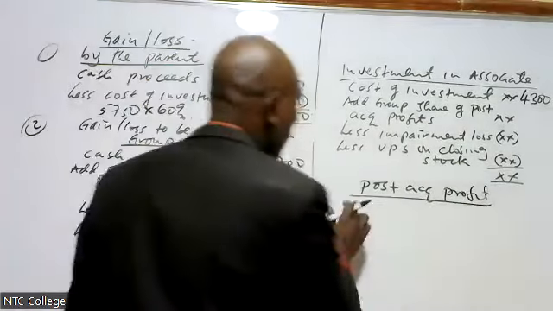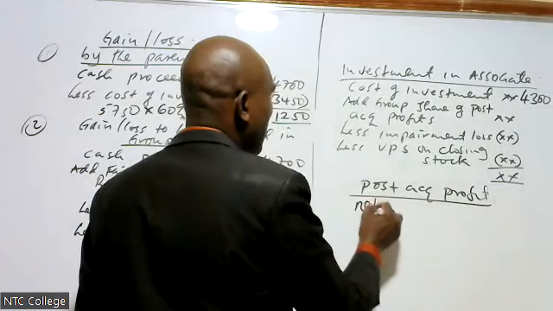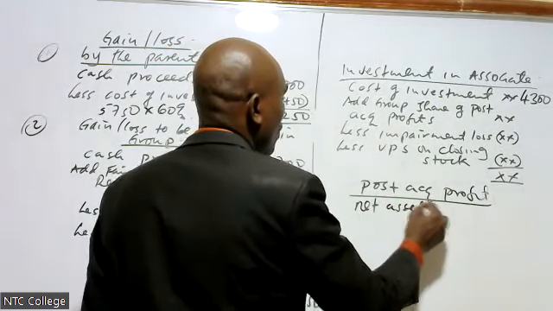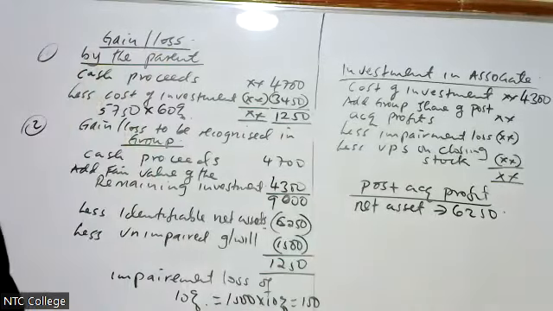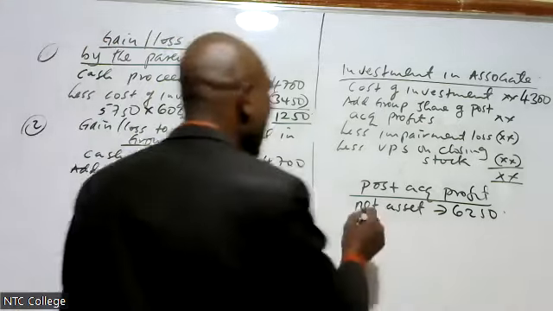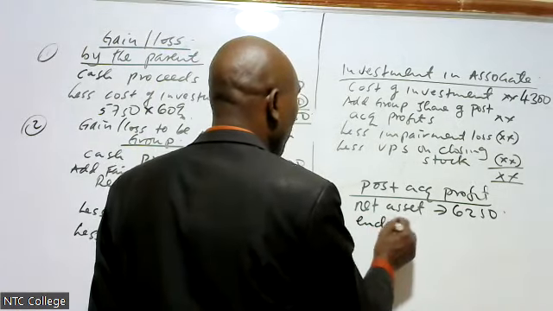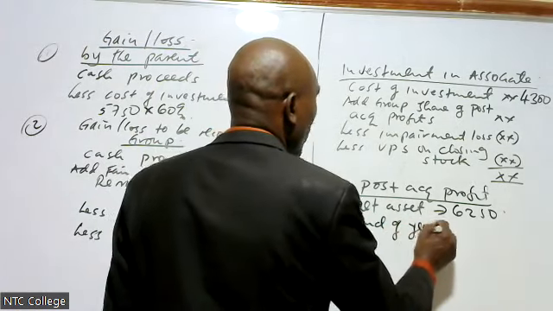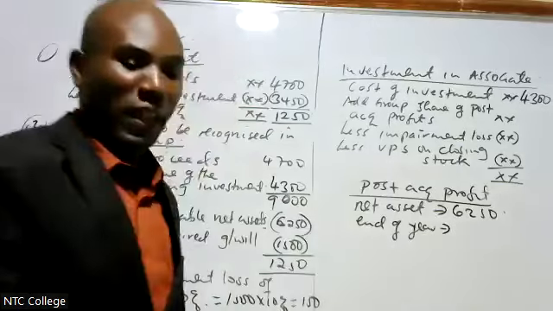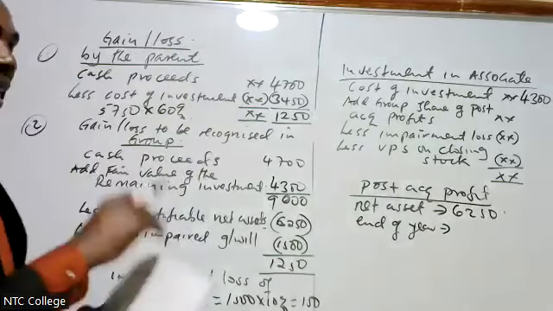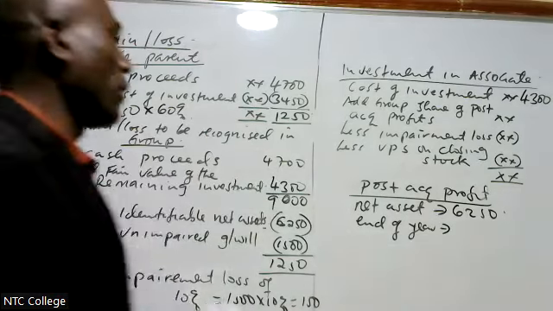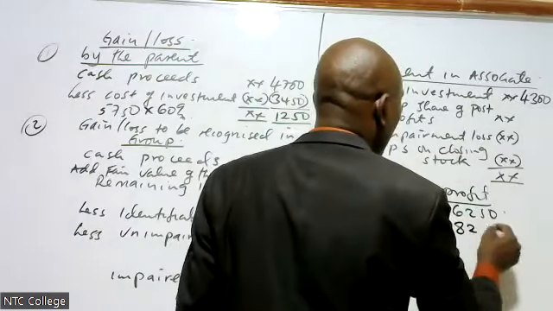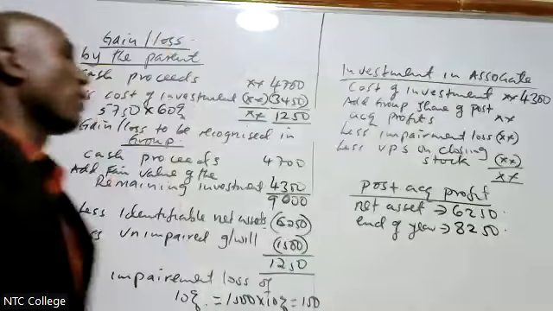At the point of disposal, net assets at disposal was 62.50. Those were the net assets of this subsidiary at disposal. At the end of the year, net assets in the balance sheet are 82.50.